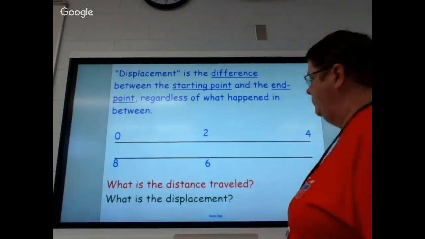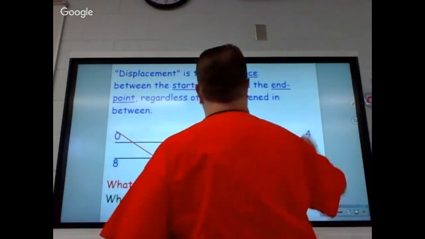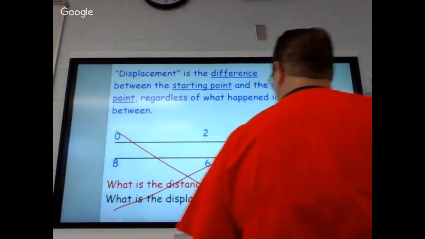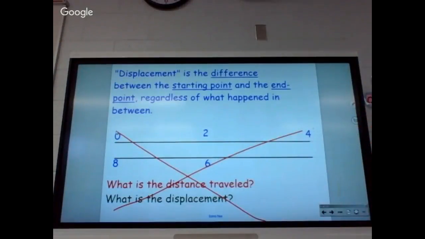Don't worry about these weird drawings right here. Just the top. Displacement is the difference between the starting point and the end point, regardless of what happened in between.